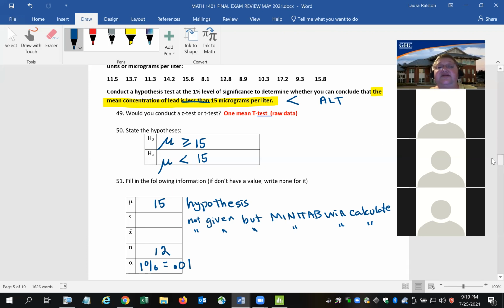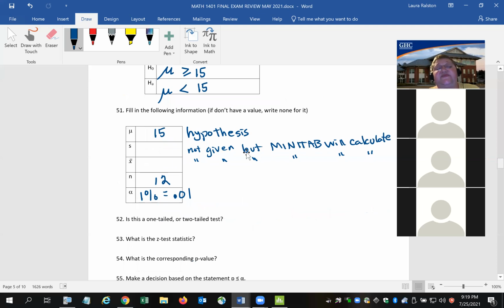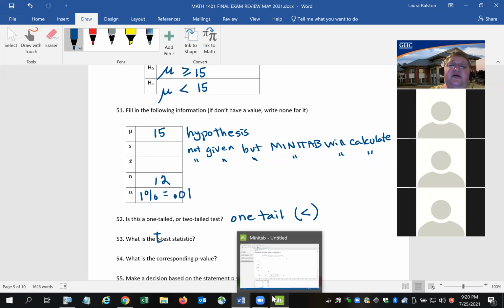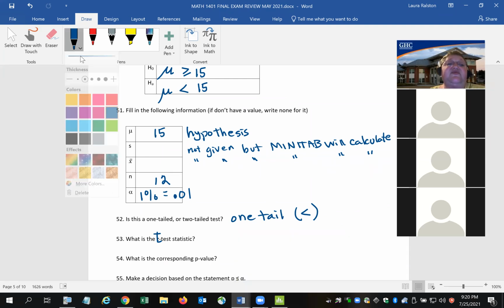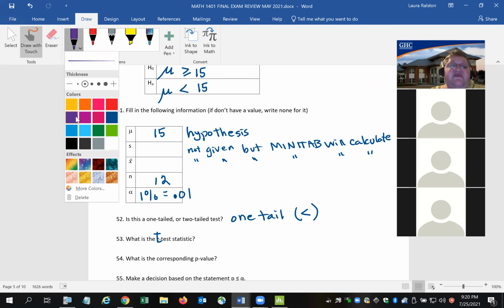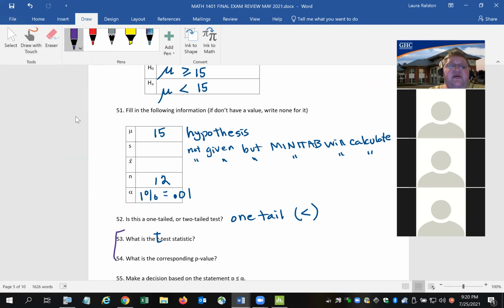So now I need to go out to Minitab. Again, it asks me if it's one-tailed or two-tailed. Again, this is a one-tail because it's a less than. And we need to calculate the T test statistic, not Z. To do questions 53 and 54, we use Minitab.